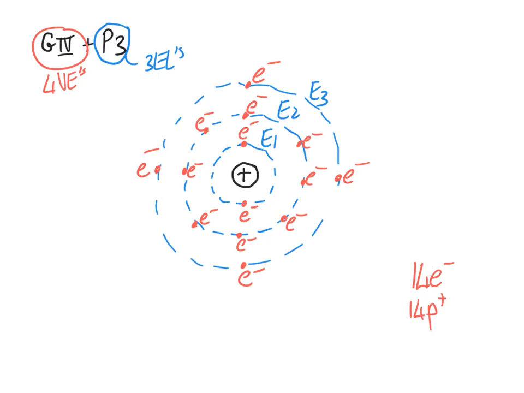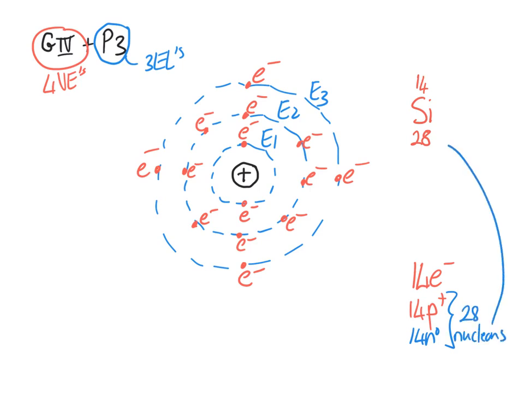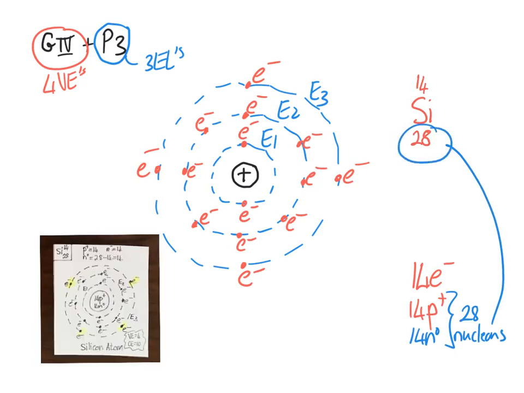And it happens to be silicon, which has an atomic number of 14, and we'd have to go and look on the periodic table, and silicon has a mass number of 28, which means that it would then have to have 14 neutrons, so that 14 neutrons plus 14 protons gives us 28 nucleons, and hence the reason for the mass number of 28.